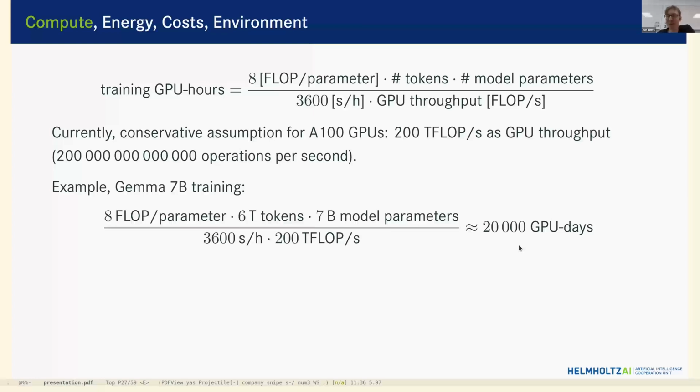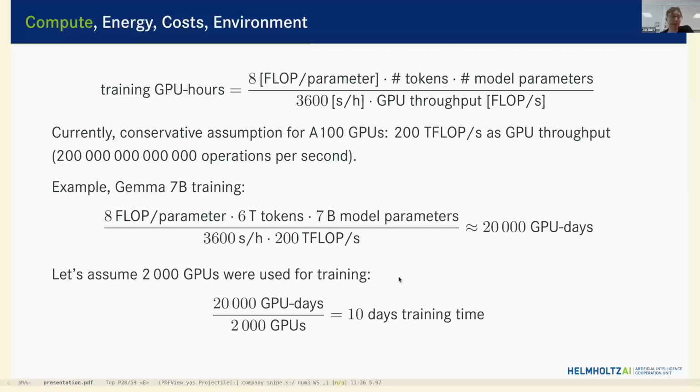So let's assume that they didn't use just one GPU, but 2,000 GPUs, 2,000 of these super fast chips in parallel. To calculate how much time it actually took, we simply divide the number of GPU days by the number of GPUs. And we get that it should have taken around 10 days to train this model if 2,000 GPUs were used.